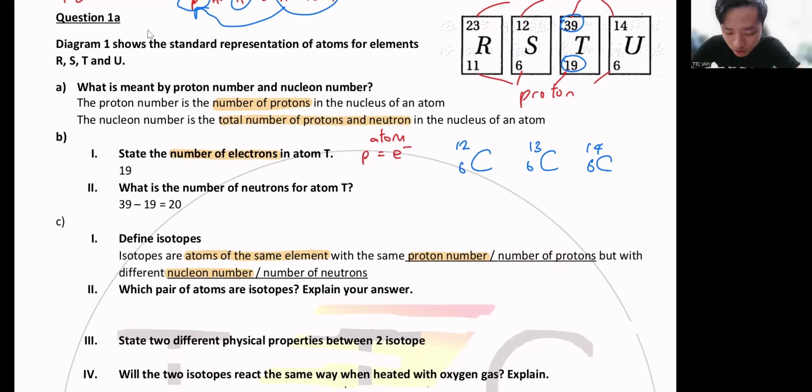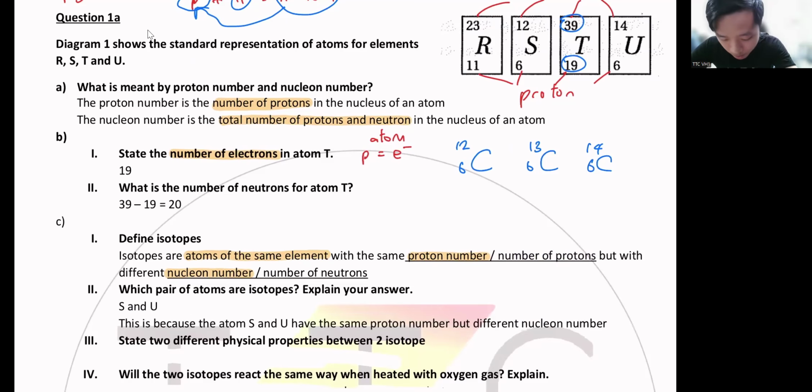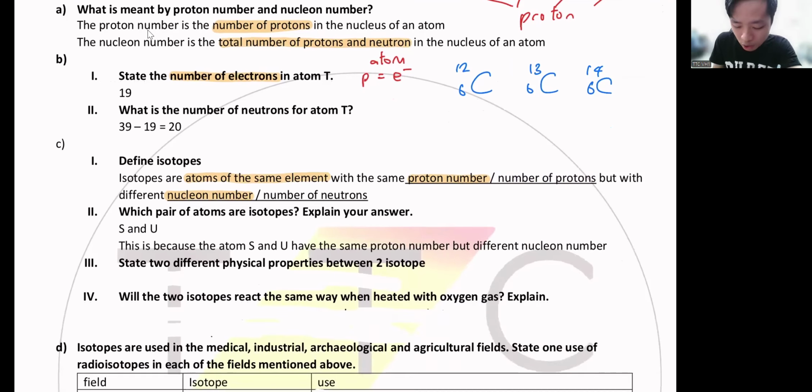S and U, right? So you can explain why, in around the same meaning as your definition. Okay. So you can say atoms S and U have the same proton number, different nucleon number.